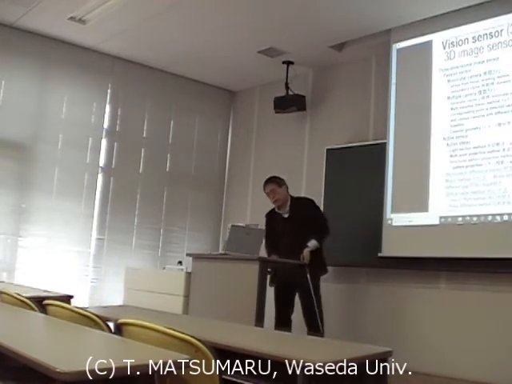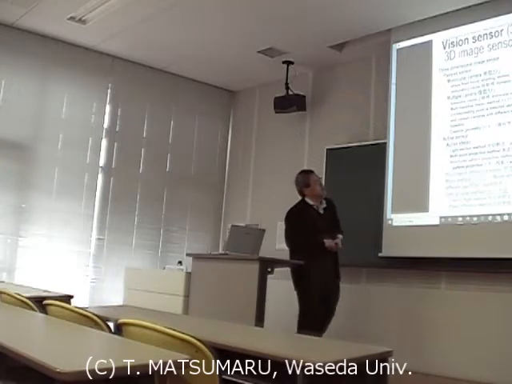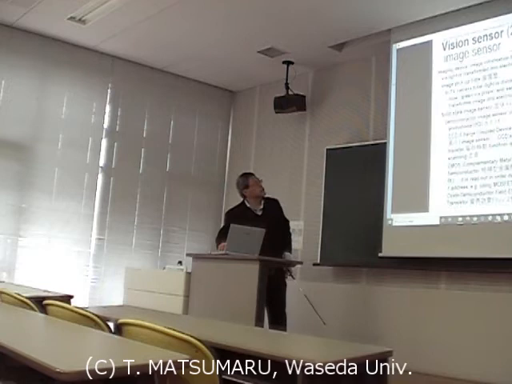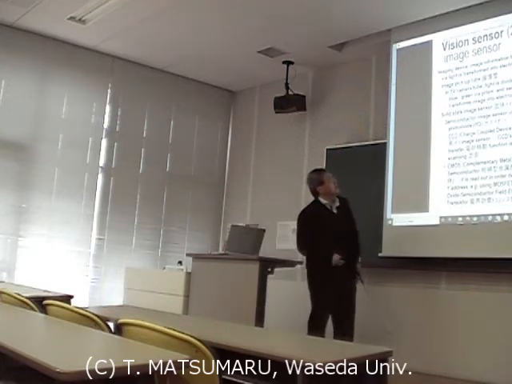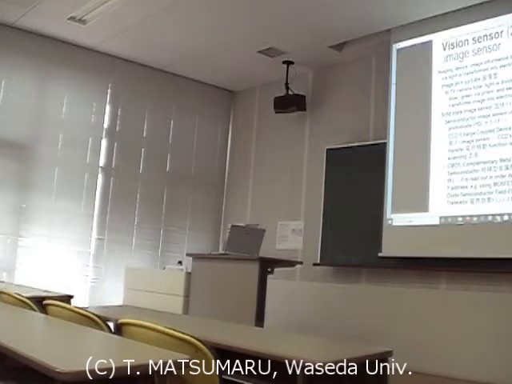What is an image sensor? An image sensor detects the density of light, the brightness: dark or bright. And the color sensor only uses a color filter.